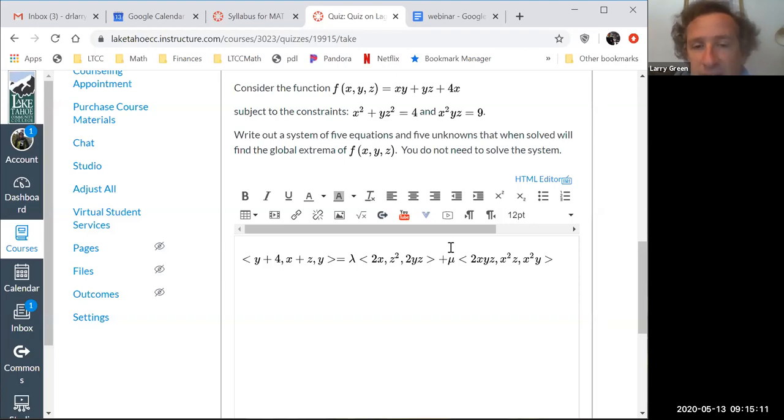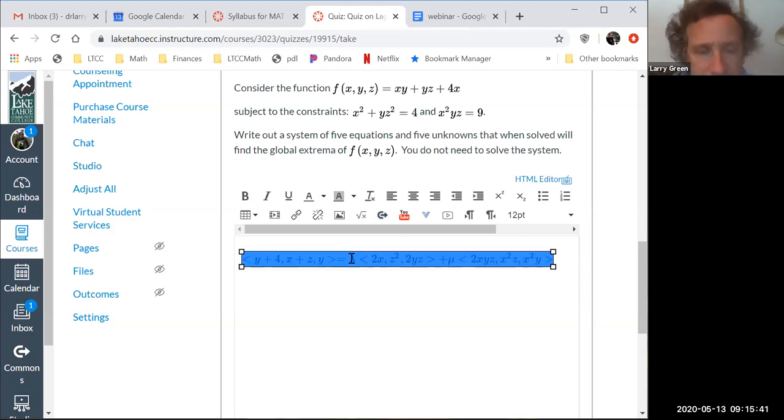So what we do is we take this vector equation and make it 3 separate equations. The first one will be y plus 4 equals lambda times 2x plus mu times 2xyz. So let's write that out. I'm going to do this because then I can see it.